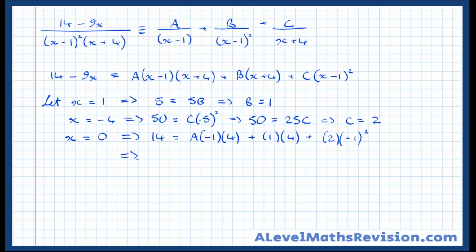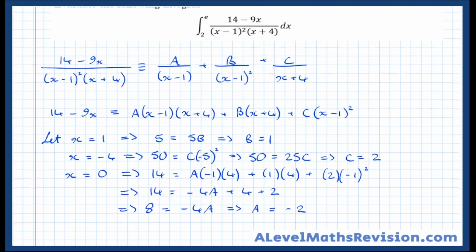If we keep going, which means that 14 equals minus 4A plus 4 plus 2, which means that 8 equals minus 4A, which means that A equals, in this case, minus 2.